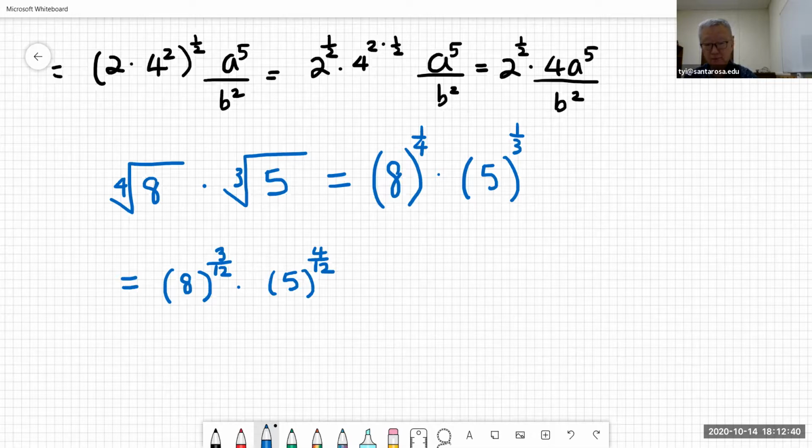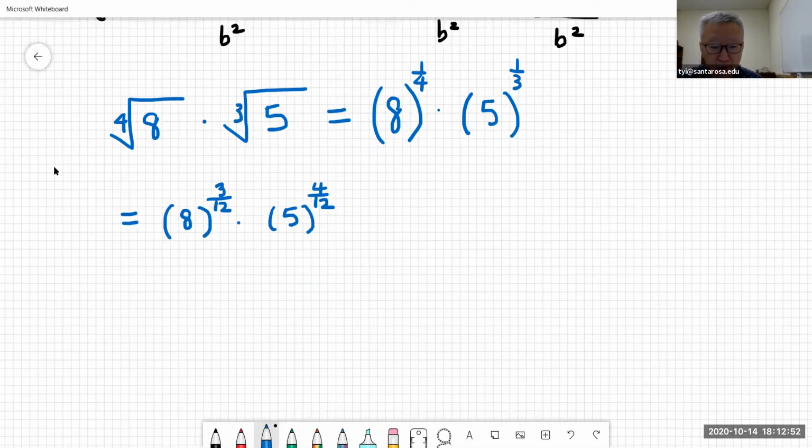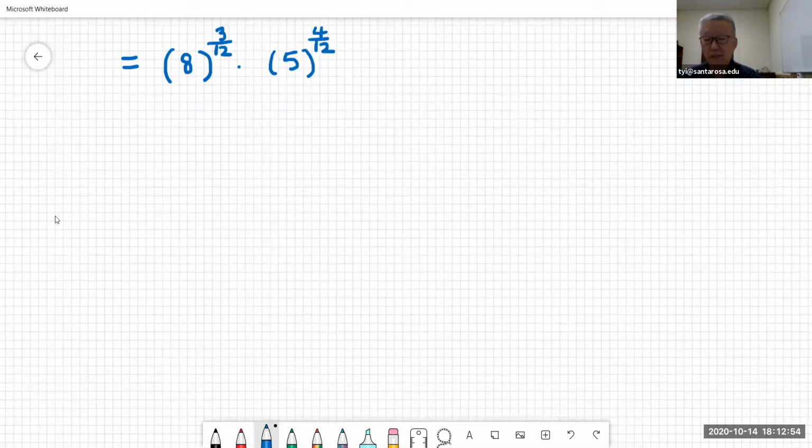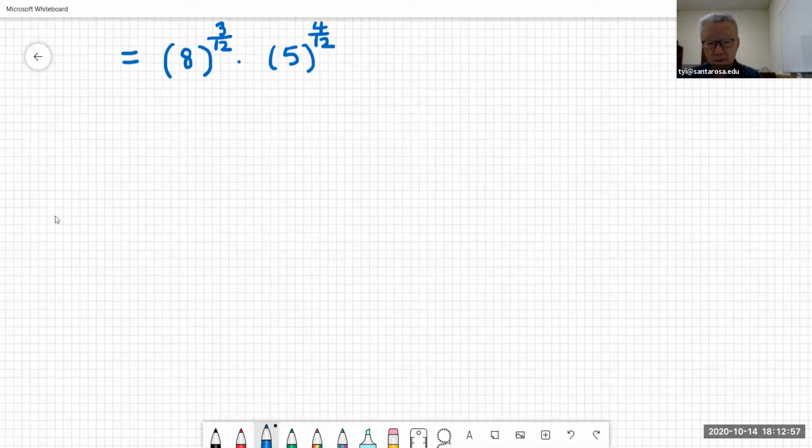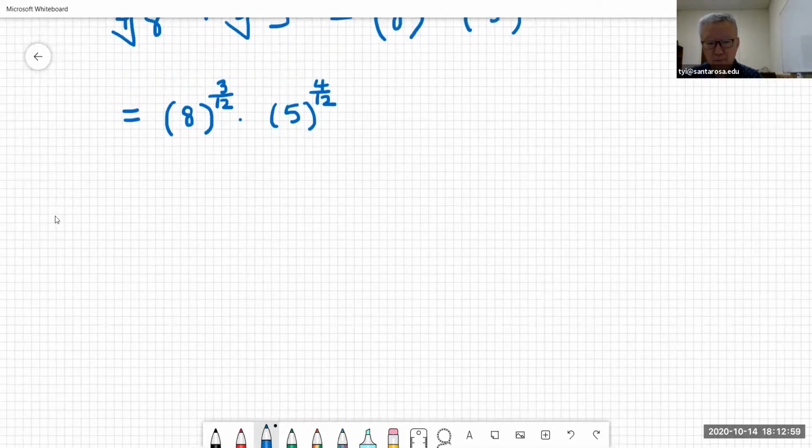Now we know that they have the same denominator, right? So what we want to do next is take the rational exponent of 1/12 out.